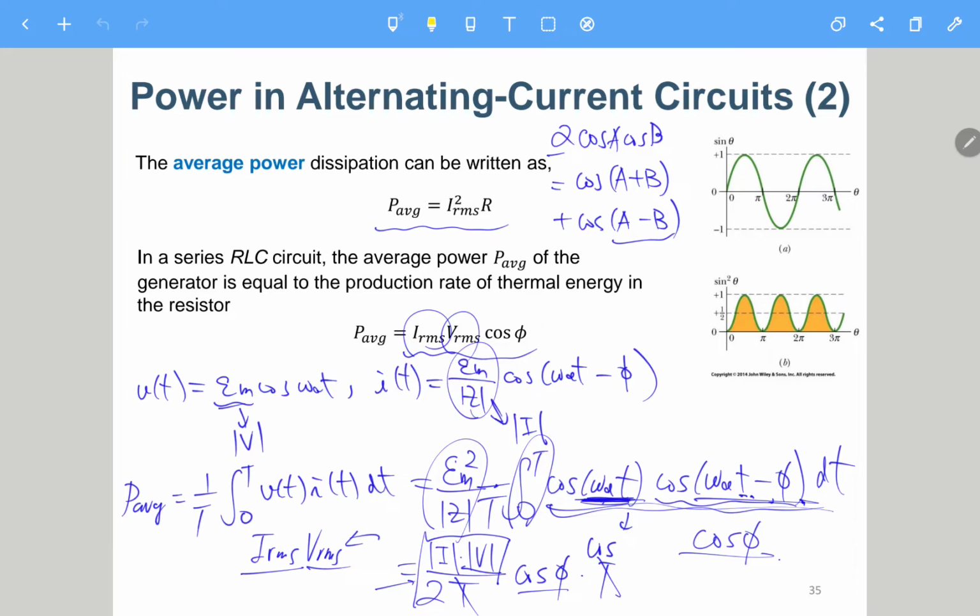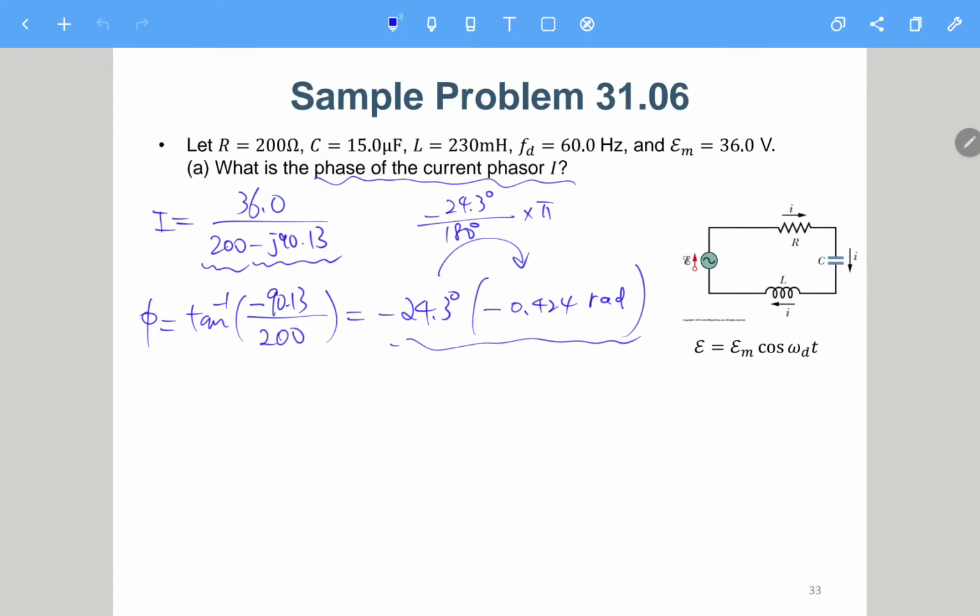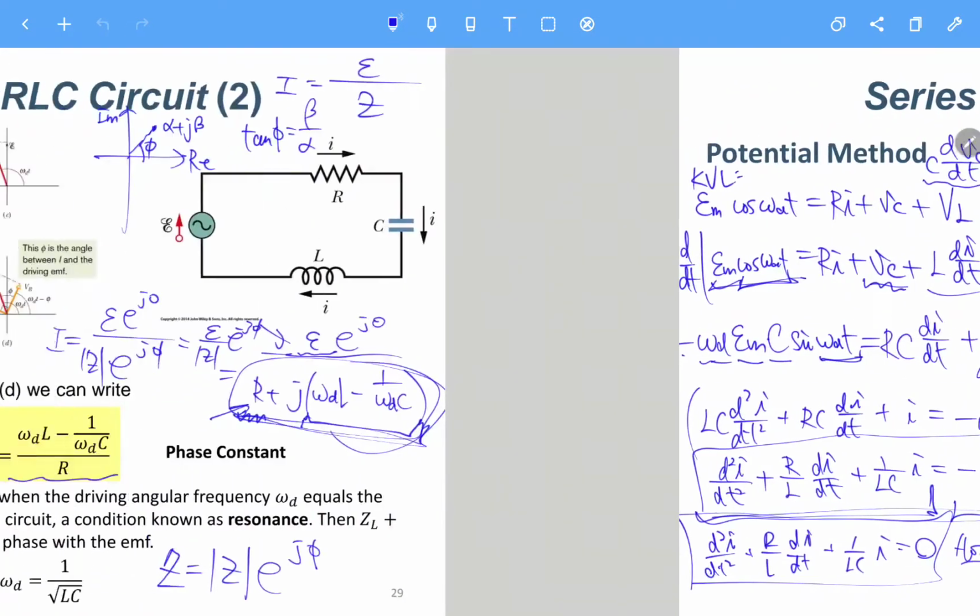The idea is that we need to make this cosine phi to be 1. The cosine phi to be 1 will maximize the power consumption. How can we make it equal to 1? It means that phi should be 0 degrees. If phi needs to be 0 degrees, it means that the imaginary part should be 0, because here we see that.